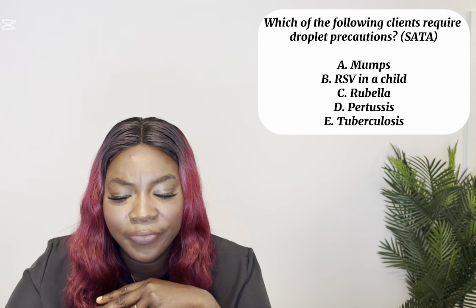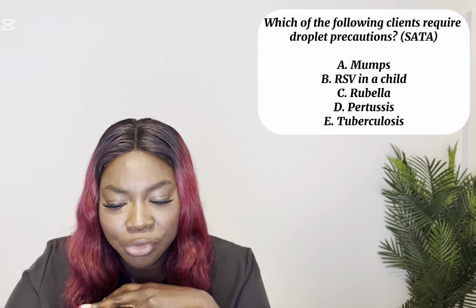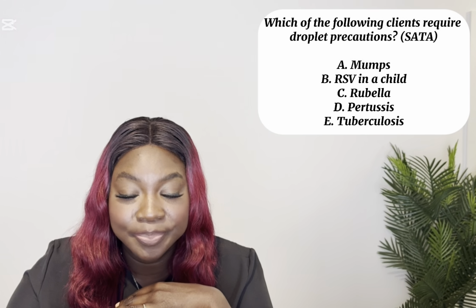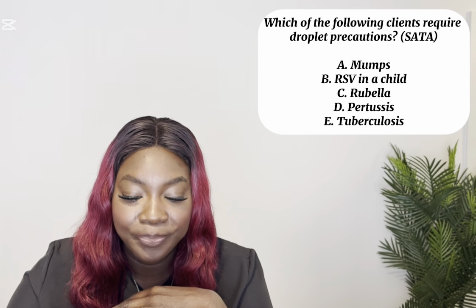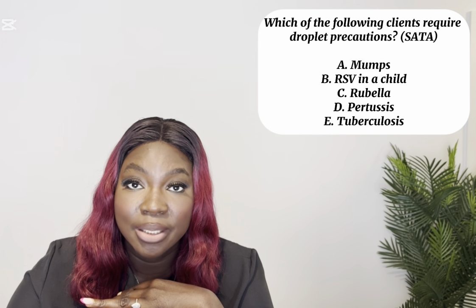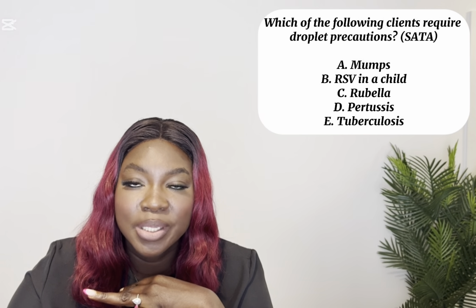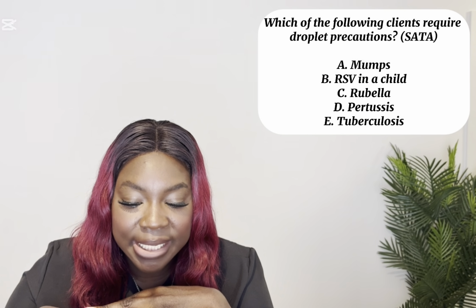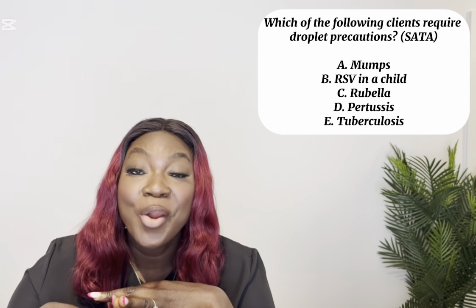Now, which of the following clients require droplet precaution? We're talking about droplet now. Select all that apply. Mumps, absolutely, mumps is droplet precaution. Now, RSV in a child, yes.